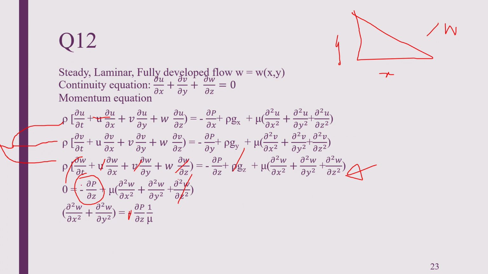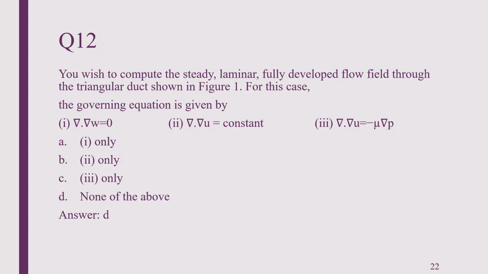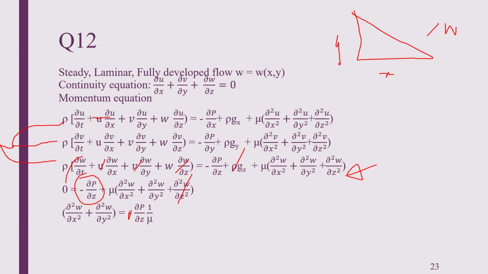So if we take the values to the other side, we have ∂²w/∂x² + ∂²w/∂y² = (∂p/∂z)(1/μ). So if we take this, which is matching actually, del dot del w is equal to 0, or del dot del w is equal to minus ∂p/∂z into 1/μ.